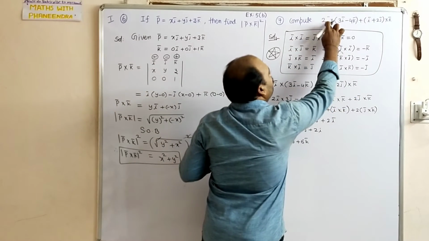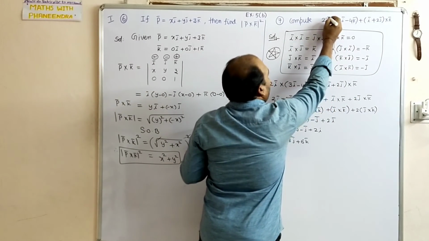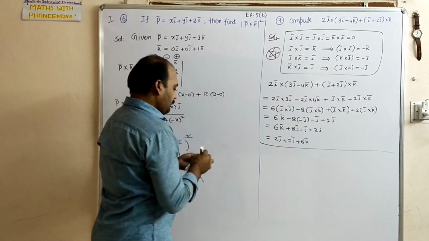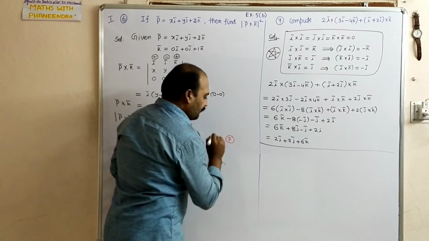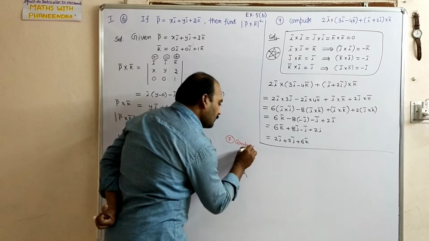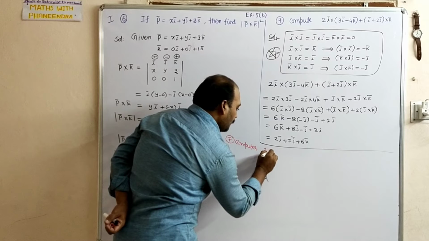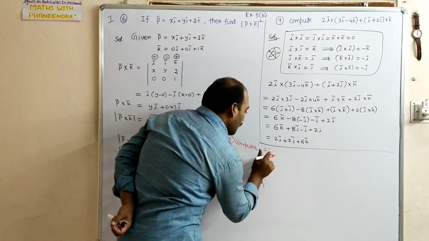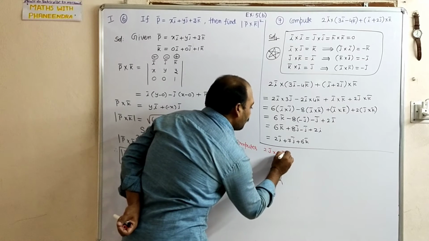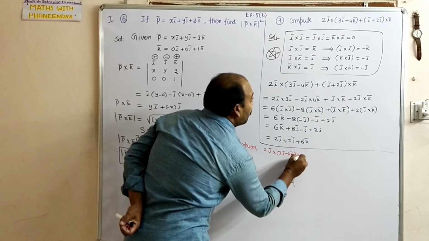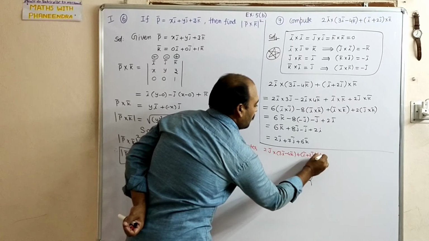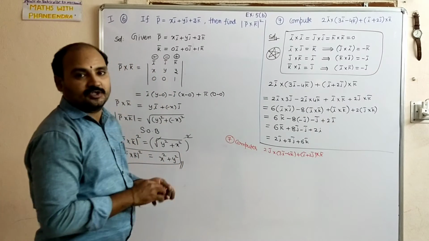Now, considering the seventh problem here, compute, that is an extra question: 2j cross 3i minus 4k plus i into i plus 2j cross k. This is the original question from the textbook.